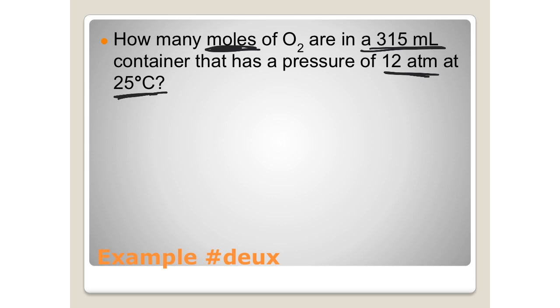So notice there's no before or after, and so this is going to be one of those PERV-NERT ones again. PV equals nRT. But notice our volume was in milliliters. In order to do this, your volume always has to be in liters. So I'm going to have to convert my milliliters to liters in order to fill this in for my volume, because my volume always has to be in liters or it won't work.